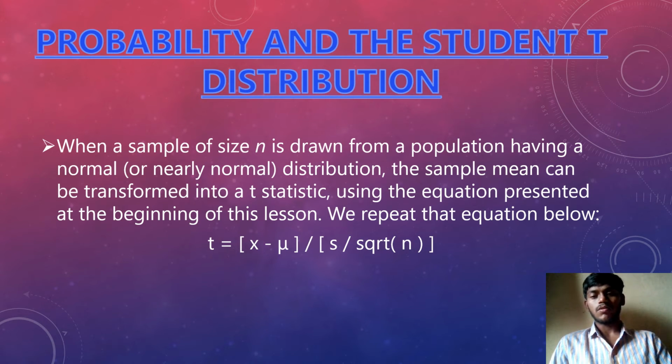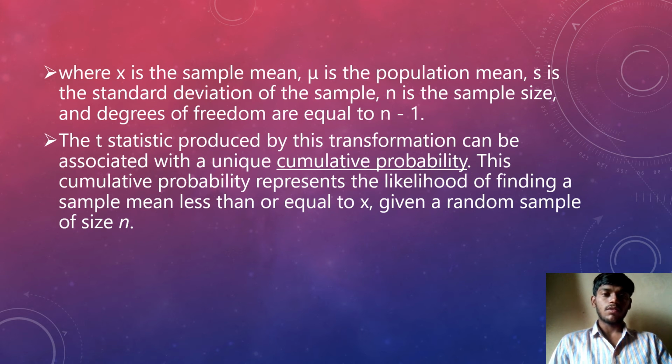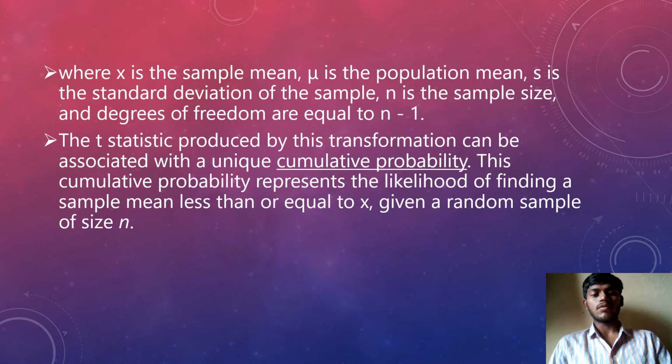We repeat that equation below. t equals (x minus mu) divided by (s by root n), where x is the sample mean, mu is the population mean, s is the standard deviation of the sample, n is the sample size, and degrees of freedom are equal to n minus 1. The t-statistic produced by the transformation can be associated with a unique cumulative probability. This cumulative probability represents the likelihood of finding a sample mean less than or equal to x, given a random sample of size n.